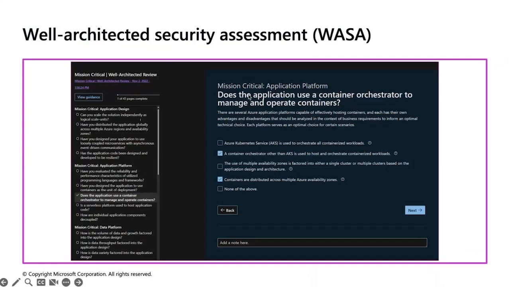Or maybe this question, does the application use a container orchestrator to manage and operate containers? So here you select the answers which are true for your organization. In a similar way, we have security-related questions where we answer, and if you select none of the above or whatever is correct, you go for next. In this way, when you answer the questions for security, you get a report on what is missing and what you should implement.